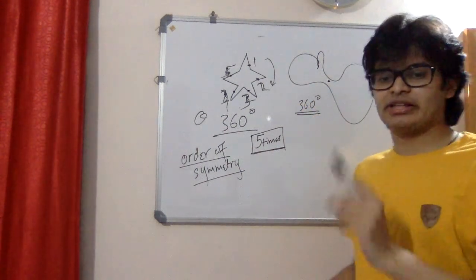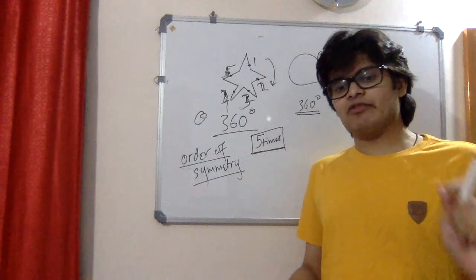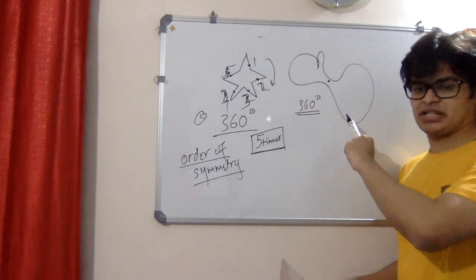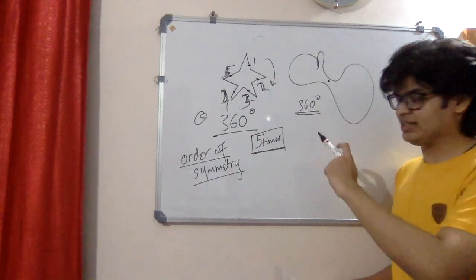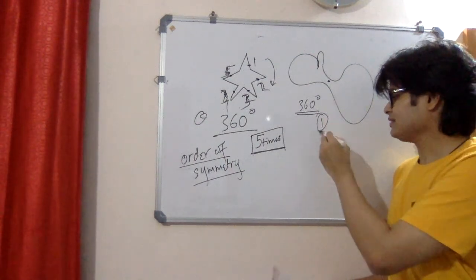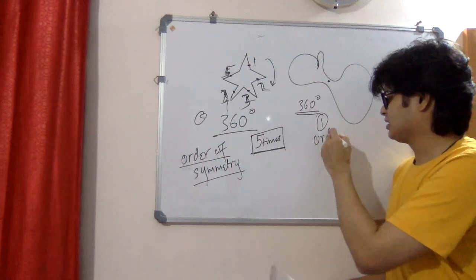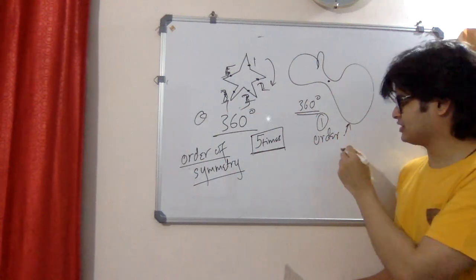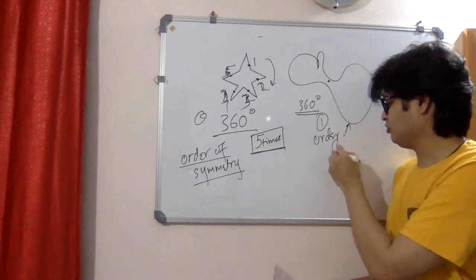So the number of times I have to rotate this object for one complete rotation such that it is invariant is 1. Hence the order of this symmetry of this object should be 1.